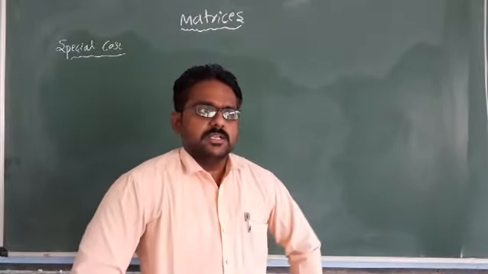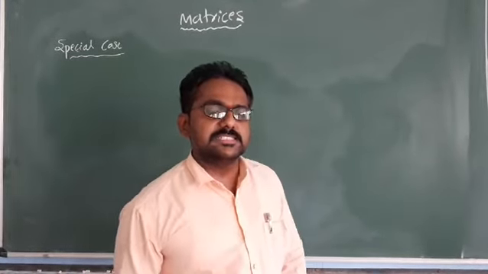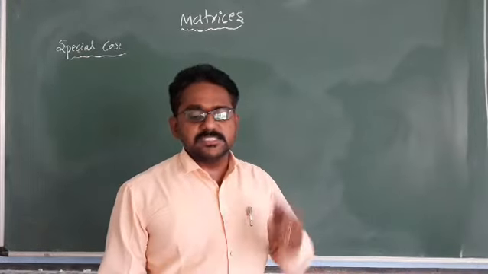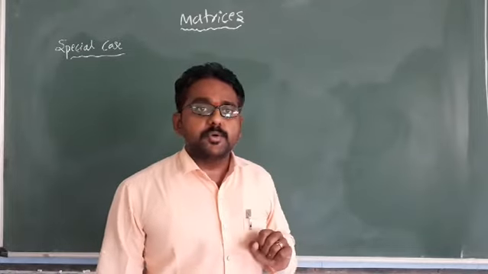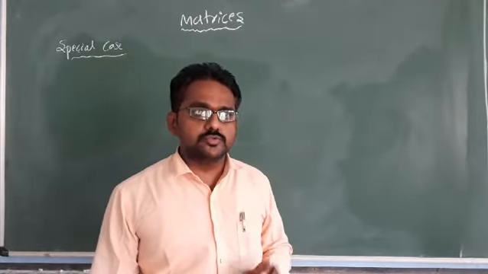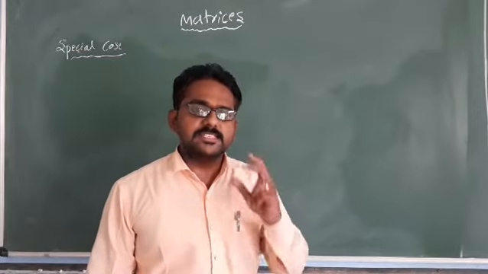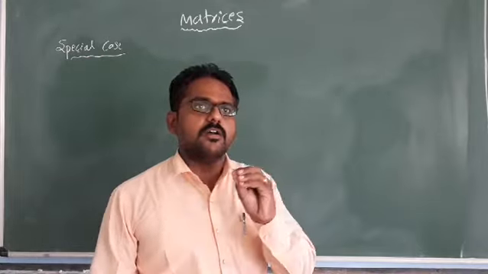In those, the commutative property does not exist for the given certain matrices. But I will consider two matrices here, and I will do the product or multiplication of those two matrices AB and BA. So let us see whether those AB and BA are of the same kind or not.